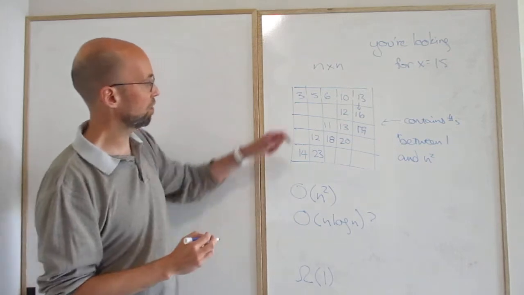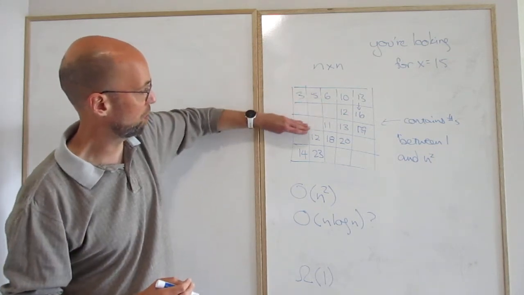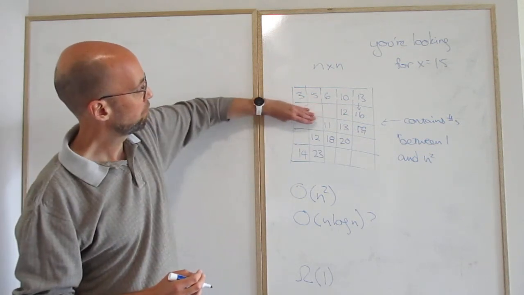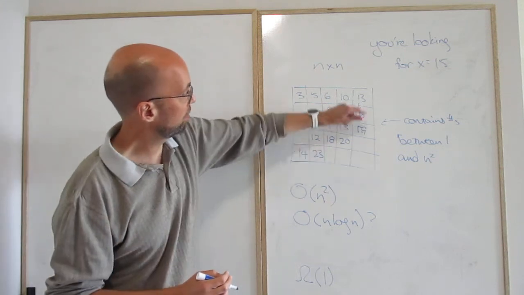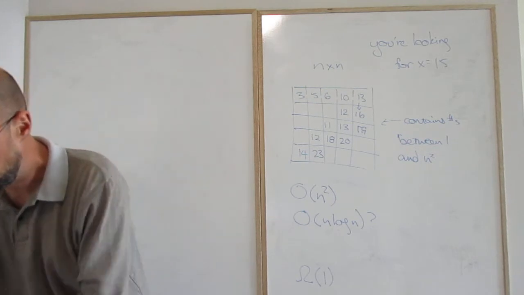Something like that. And we don't even really care about these because we never need to look at them, because the rows and columns are sorted. So you don't need to look at these. You just sort of walk down and trace this line.